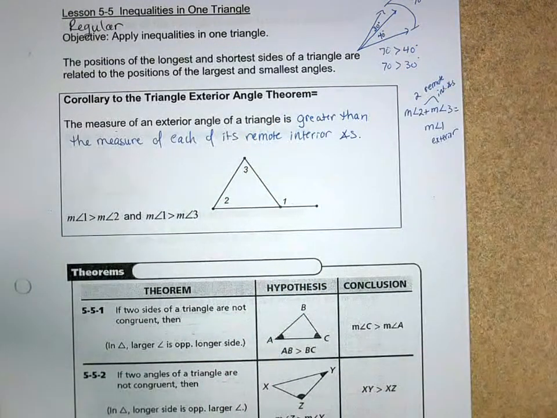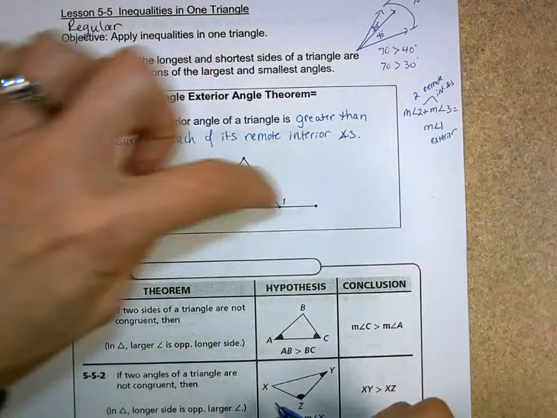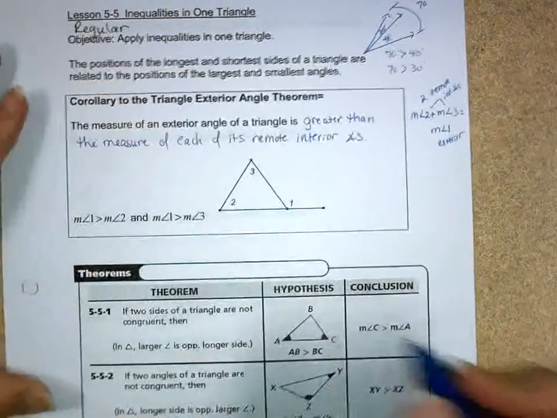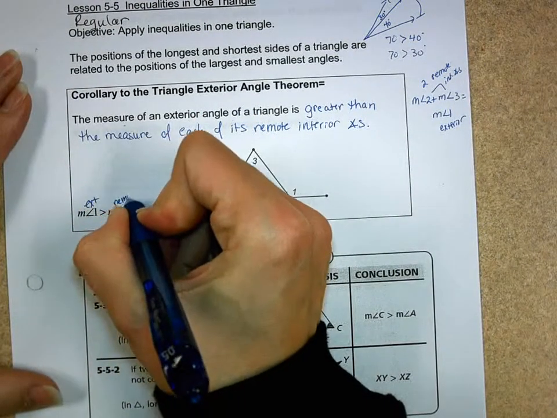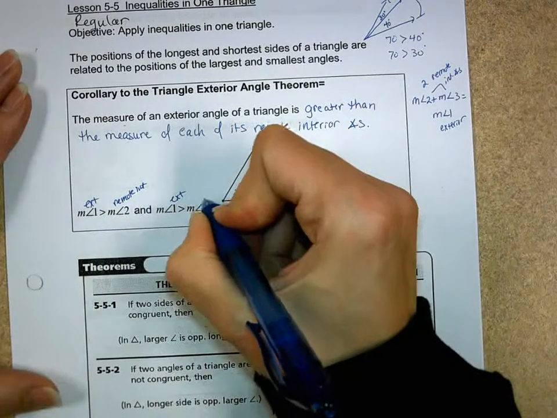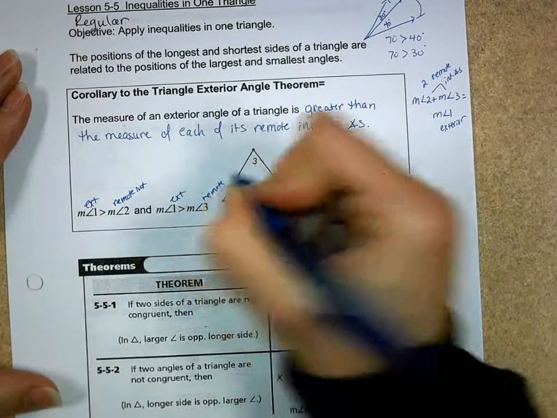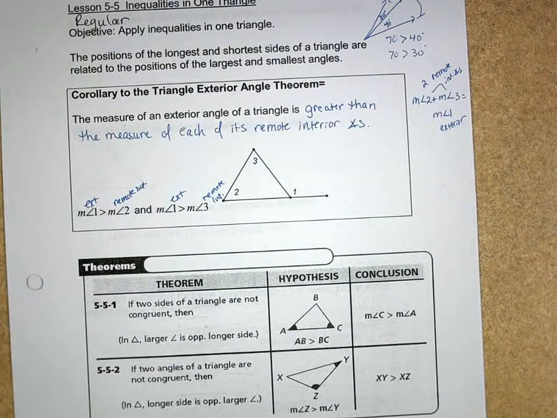When you think about it, that really makes sense because the sum of the parts equals the whole. The whole better be greater than either one of its parts. So your exterior angle is greater than your remote interior. Your exterior measure is going to be greater than your remote interior. Really kind of a common sense thing.